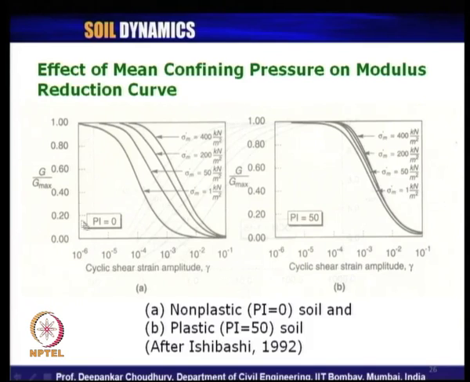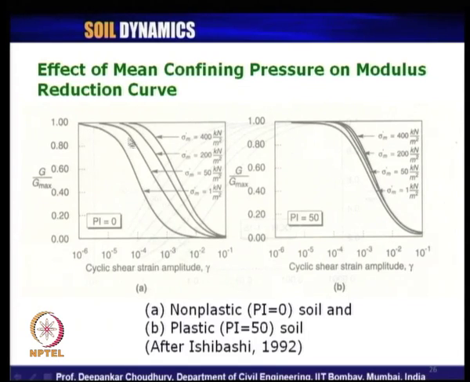And Ishibashi's work for Japanese soil also proposes the effect of mean confining pressure, that is sigma m dash. What we have learned just now is, if sigma m dash increases, G max value will increase, or strength will increase, right.